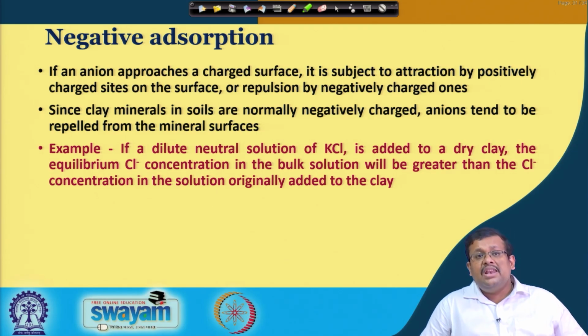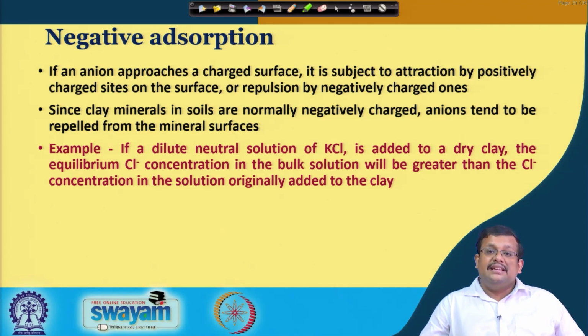adsorption. Now, we know that if an anion approaches a charged surface, it is subjected to attraction by positively charged sites of the surface or repulsion by the negatively charged ones. Most of the time the negative charge in the clay surface develops due to isomorphous substitution, or sometimes due to the pH of the surrounding medium.